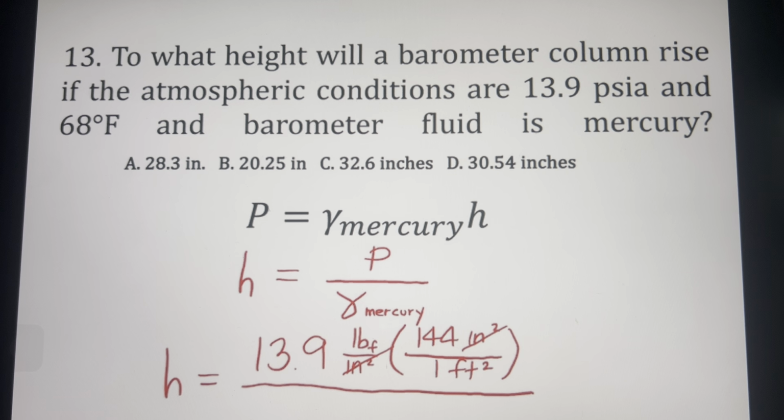So it is common knowledge that the gamma of mercury is the SG of mercury, which is 13.6, times gamma of water, which is 62.4, which has a unit of pound force per cubic foot. We can cancel out pound force, and we can cancel out square foot. So the remaining unit of our height will be in foot.